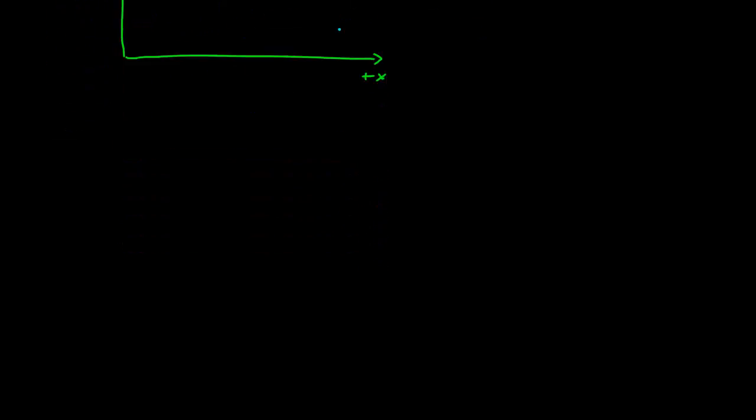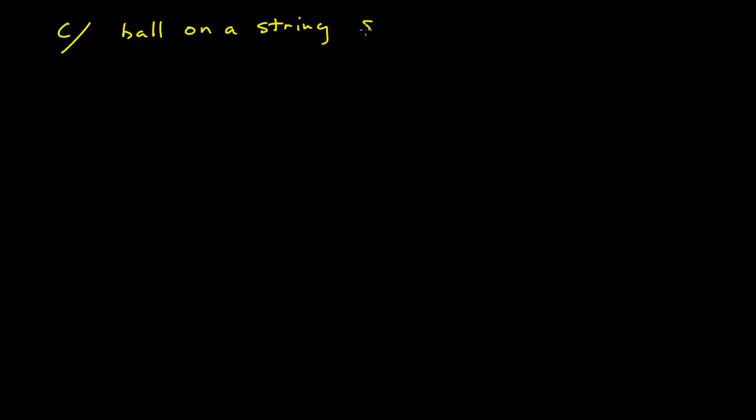Okay. The third example is a ball on a string that I'm swinging vertically. So what does that look like in a motion diagram?